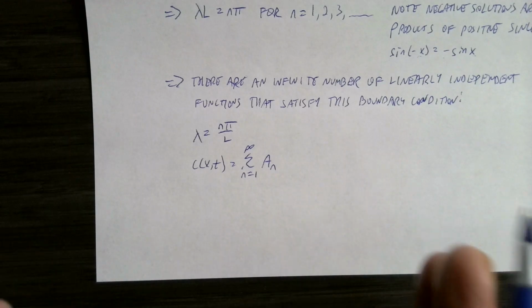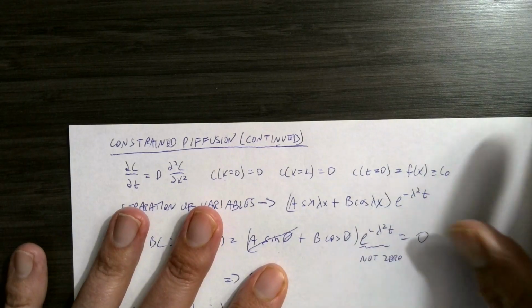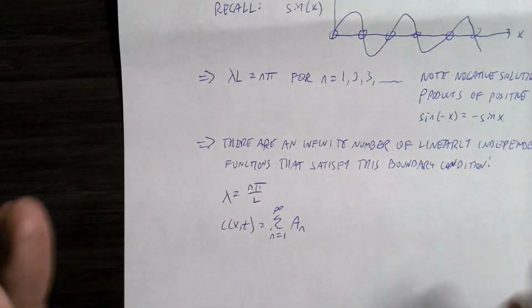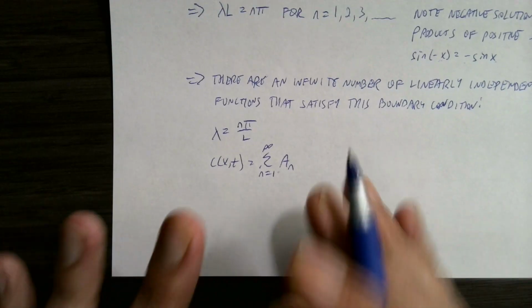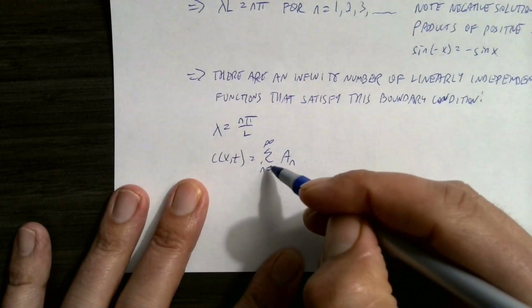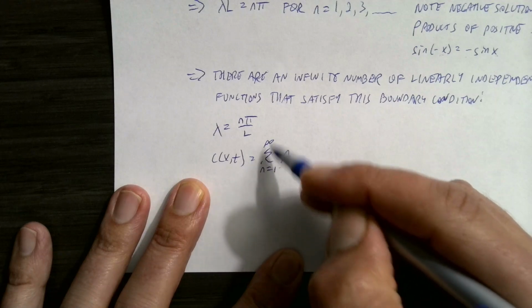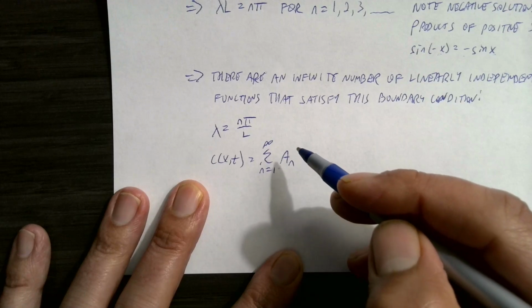So instead of just adding 2 together like we had up here, these were 2 linearly independent solutions. It turns out that there's now an infinite number of them, and they each have a number in front of them. Okay, so this starts to look like it would be impossible, but there is hope. Okay, so we need to sum up all the ones from 1 to infinity. Each of them has some coefficient in front of them that we're going to call a sub n.